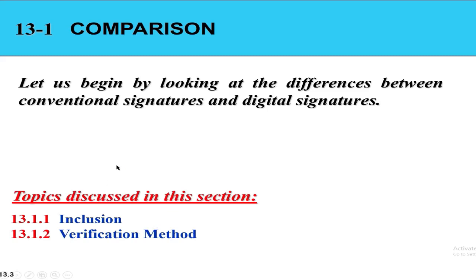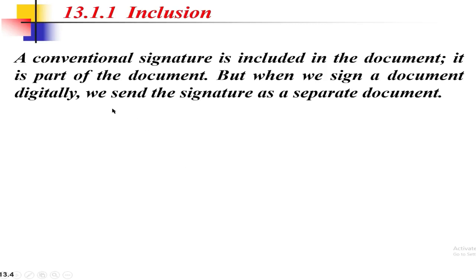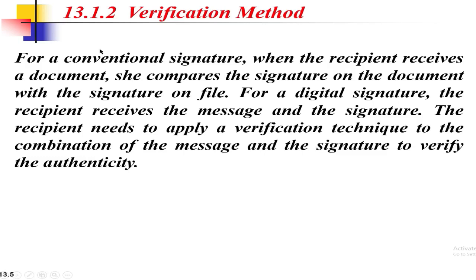Now let's see the difference between a conventional signature and a digital signature. A conventional signature is included in the document. It is a part of the document. But when we sign a document digitally, we send the signature as a separate document. Let us discuss one example.